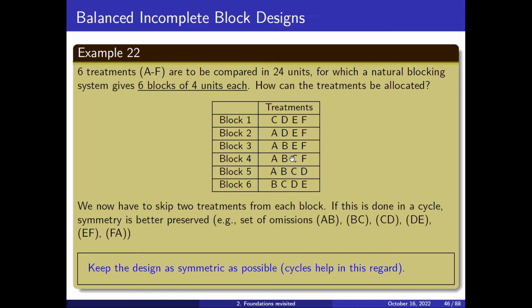So you see there is a symmetry. We have a kind of omission pattern. So we have AB, so first and second, and then second and third, and then third and fourth. So keeping symmetry will keep the design balanced, and then all comparisons will have the same variability.